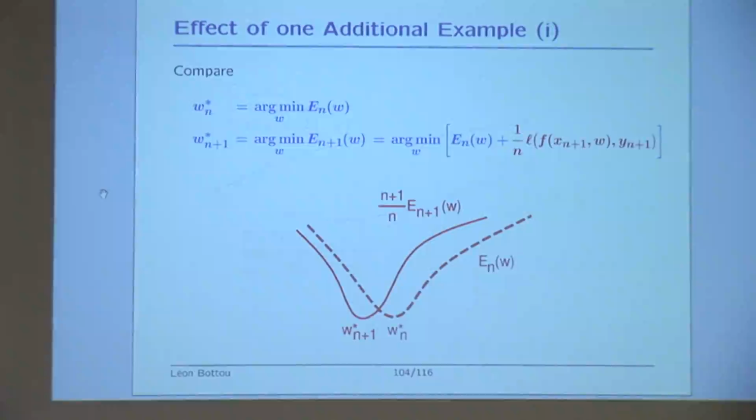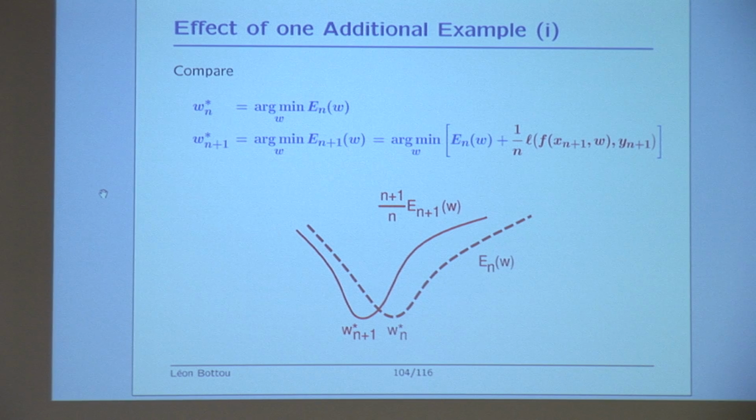So I'm first going to study the W star. What's happening to the training optimum when I'm adding one example? So suppose that W star n is argmin over W of En of W. W star n plus 1 is argmin over W of E n plus 1 of W. That I can write as En of W plus 1 over n, the loss of the last one. So actually, I have a correction to do somewhere.